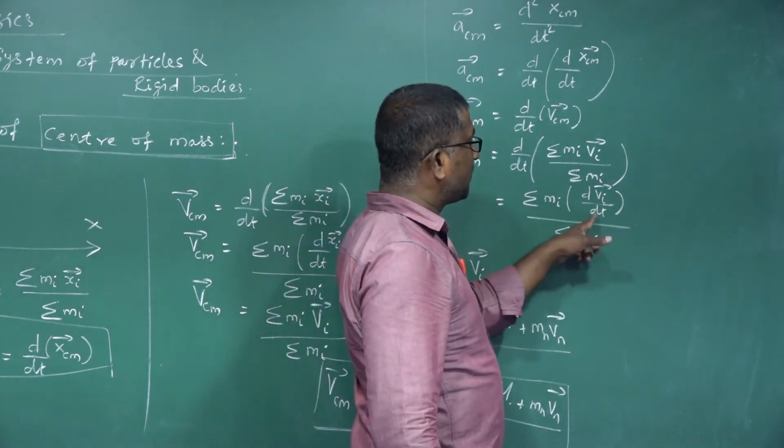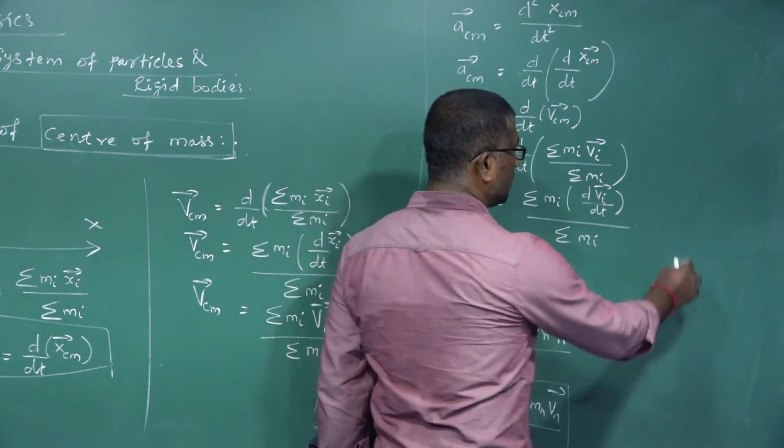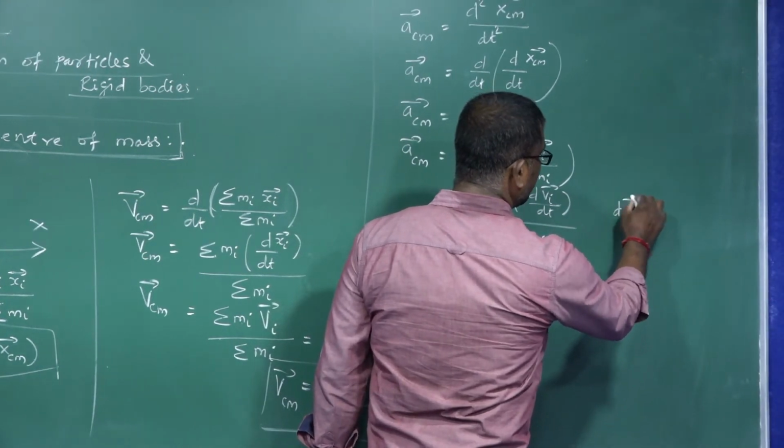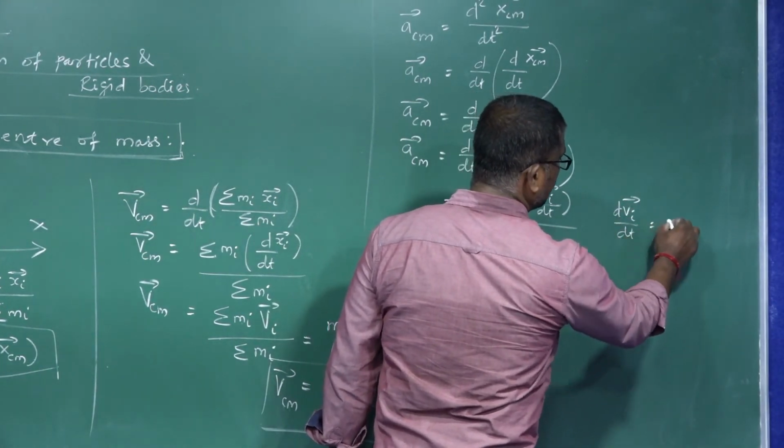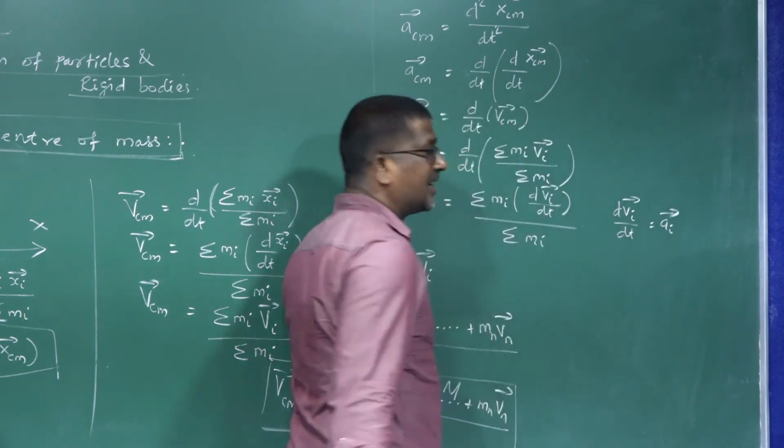Here, rate of change of velocity is nothing but acceleration. Therefore, dv_i vector divided by dt is equal to a_i vector.